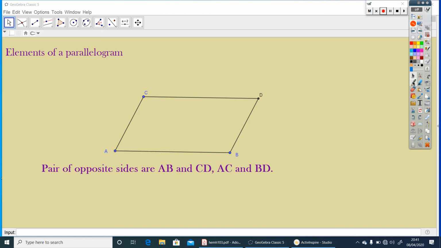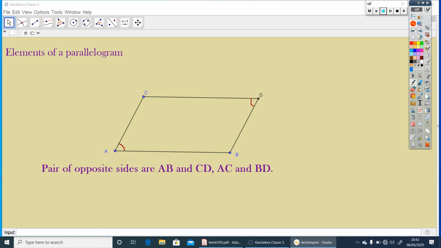Now let me take angle A. Now what is the opposite of angle A? It is angle D. So this pair of angles, that is angle A and angle D, we can call a pair of opposite angles. Similarly, one more pair of opposite angles you can say.